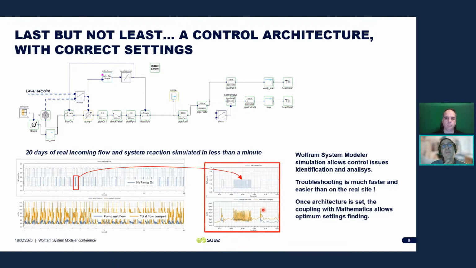It could typically be amplitudes of oscillation to minimize, or overshoots, or number of starts and stops of pumps, etc. Or a composite variable that takes into account all these factors. So that's part of the things we do with System Modeler.